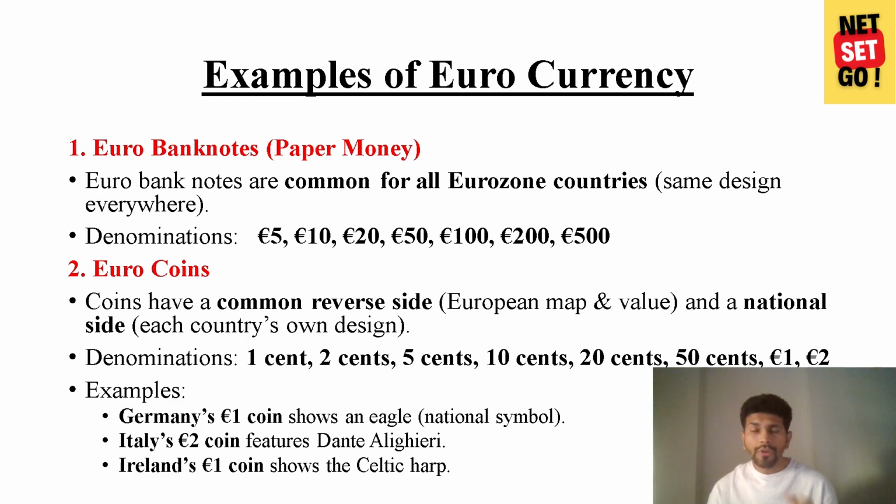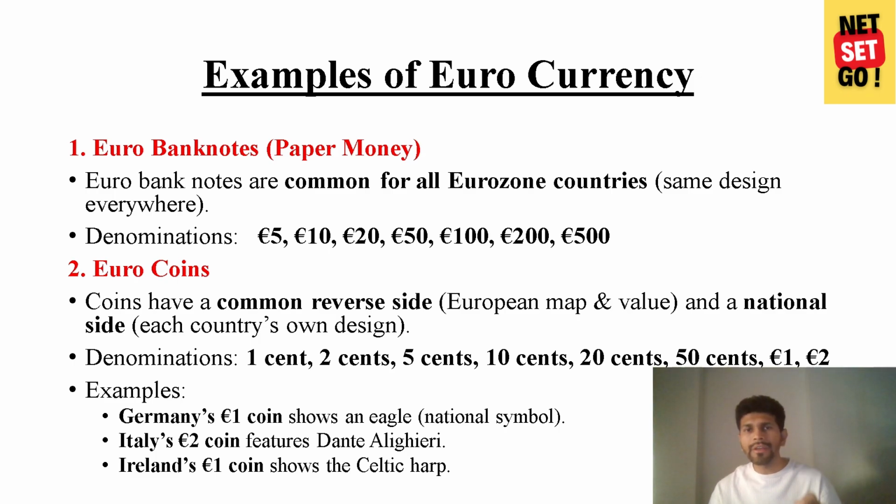Let's take some examples of euro currency. 1 euro consists of 100 cents, like in India, 1 rupee equals 100 paisa. So in euro, 1 euro equals 100 cents. This euro currency is classified as banknotes, that is paper currency, and coins, similar to India.